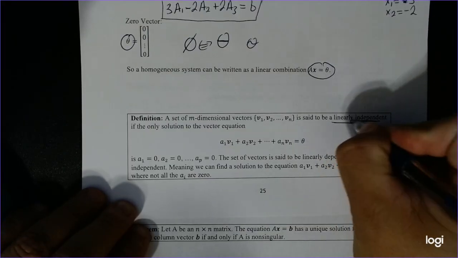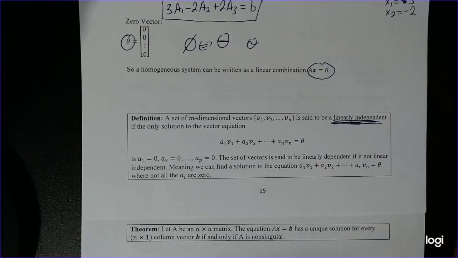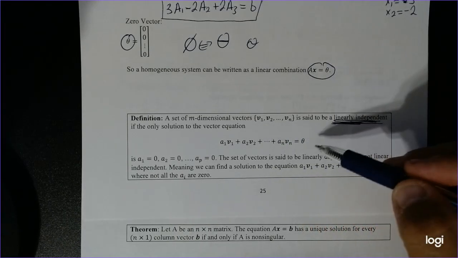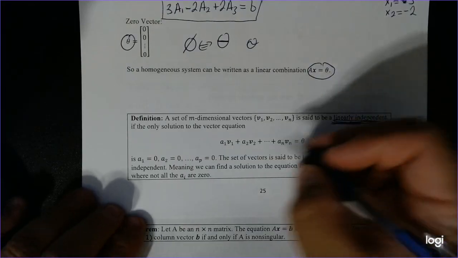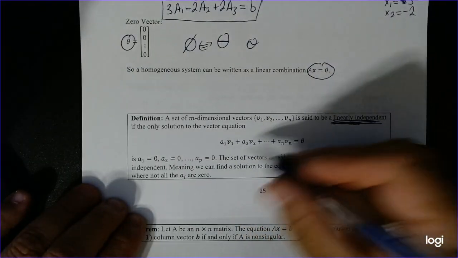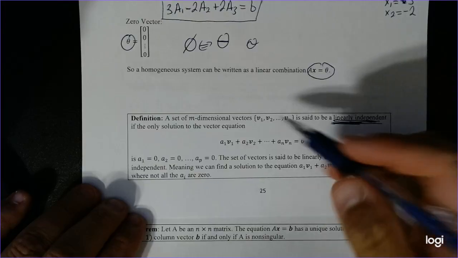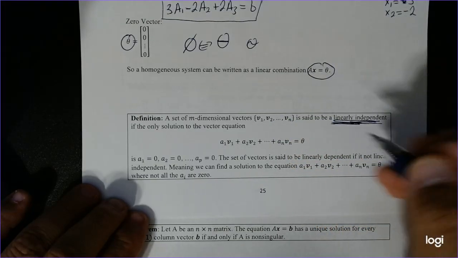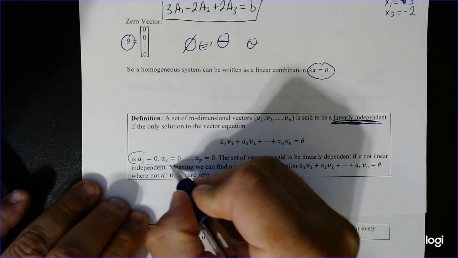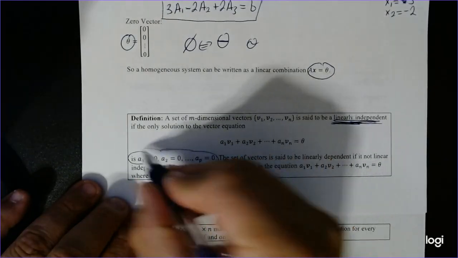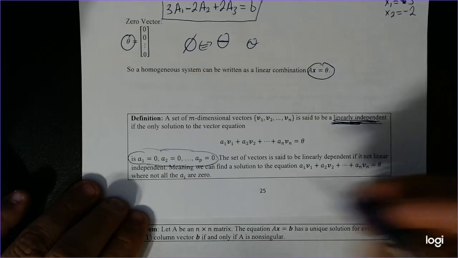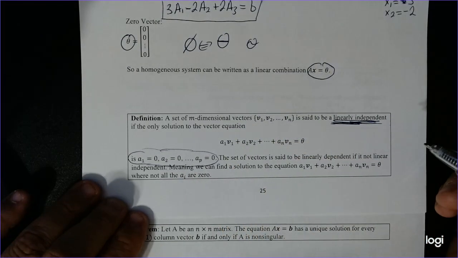These vectors are called linearly independent if the only solution to the vector equation, so we have a homogeneous equation basically, right? As of now, we'll just talk about homogeneous equations. It's linearly independent if we have what we call the trivial solution, where they all equal 0. So all these a1s or x1s just equal 0.